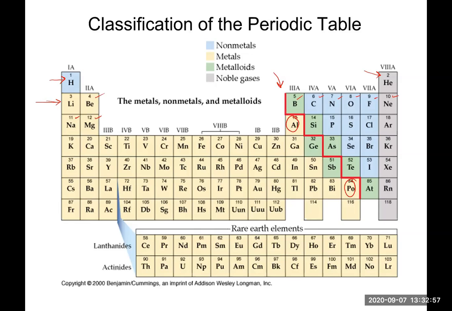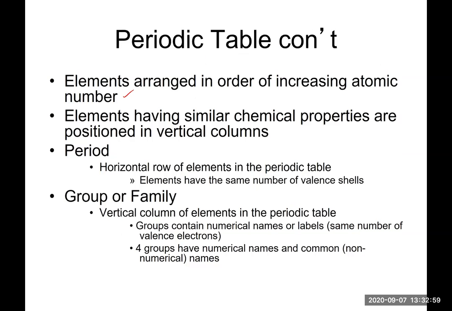The next bullet says elements having similar chemical properties are positioned in vertical columns. And if we look at the vertical columns, those are called groups, columns, or families. We also have periods, which are horizontal rows of elements in the periodic table.